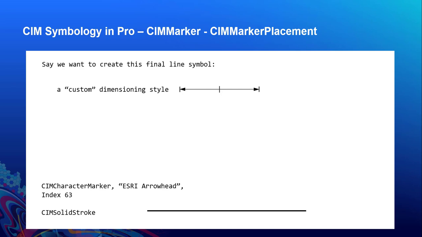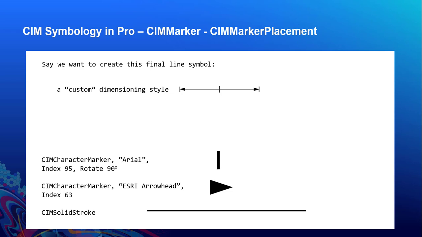There's a special font for just this purpose called Esri Arrowhead, and I'm going to use the character index 63. That gives me a ready-made arrowhead like so. I'm going to use another character, the minus sign actually, index 95 from the Arial font, as my little vertical hash or tick mark, and I'll give it a rotation of 90 degrees to make it vertical.